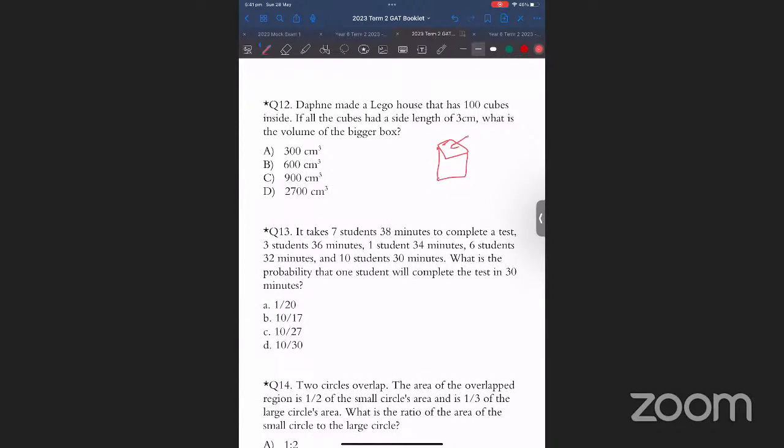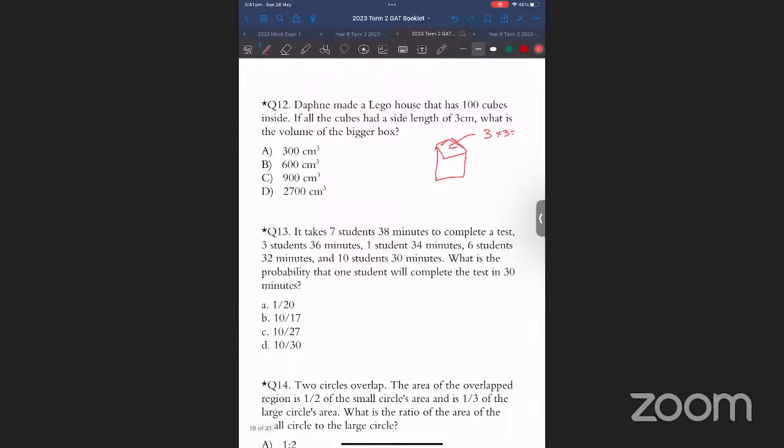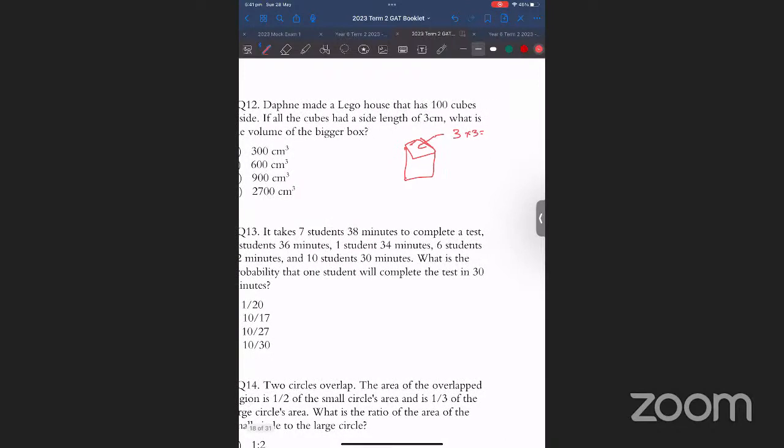This top part, we know that it's a square. What is each side? It is 3 multiplied by 3, correct? Oh, I'm so silly, my bad. I went too fast in my own head. 3 times 3 is 9.